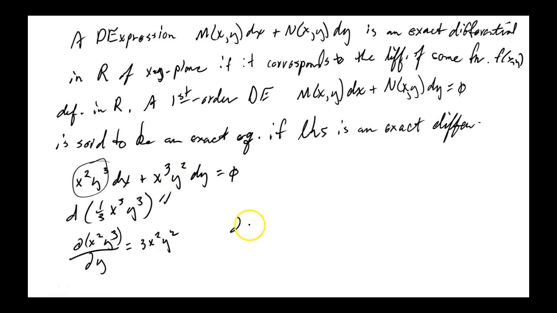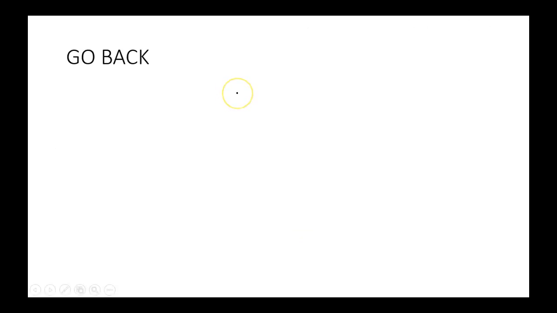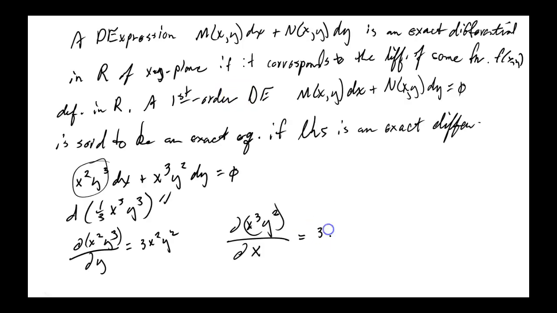The partial of x cubed y squared with respect to x, because this was the partial of this thing down here with respect to y, but let's do it with respect to x. What do you get? 3x squared y squared, exactly equal. Now that's not a coincidence, that's a test.